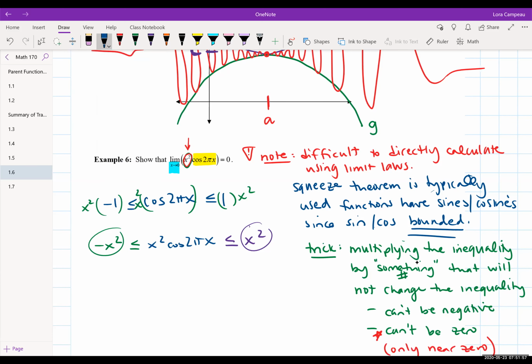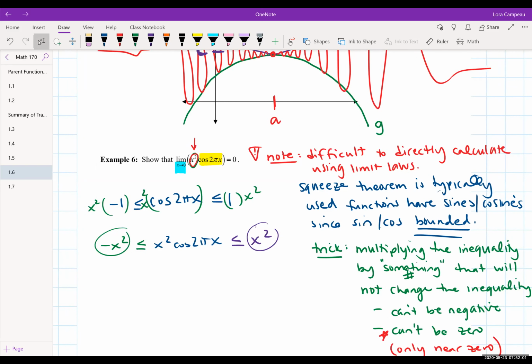If you look at what f of x equals x squared is, and what f of x equals negative x squared is, and you look at their behavior around zero, the limit of negative x squared as x approaches zero is equal to zero.